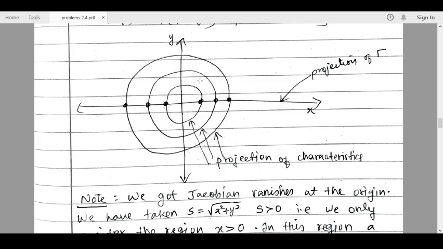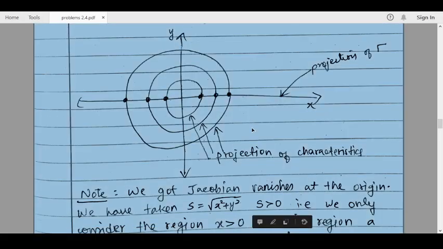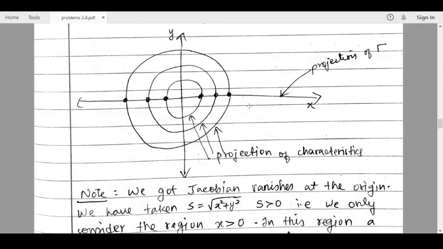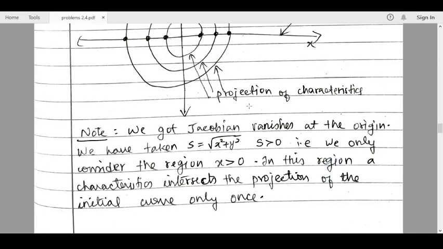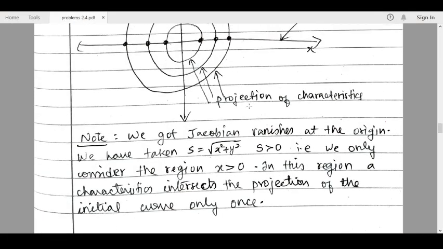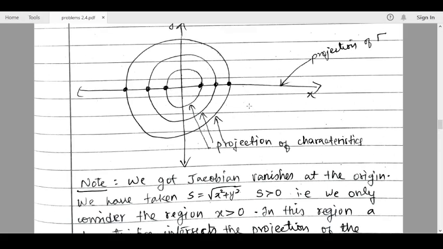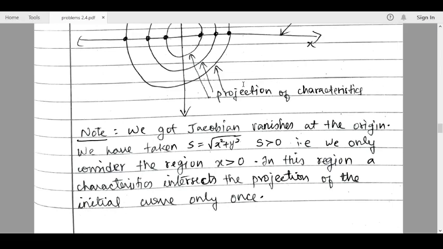So we will consider only the region where s is greater than 0, that is x greater than 0. So the initial curve and the characteristic curve intersect only once. So this is the geometric approach. In this way we are getting a unique solution in the neighborhood of the initial curve when x is greater than 0. Okay, we will stop here.